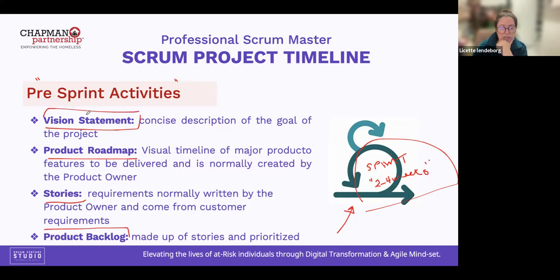The vision statement is the strategy for the company, a concise description of the goal of the project. The product roadmap is like a calendar, a visual calendar of the major product features to be delivered, and it's normally created by the product owner.